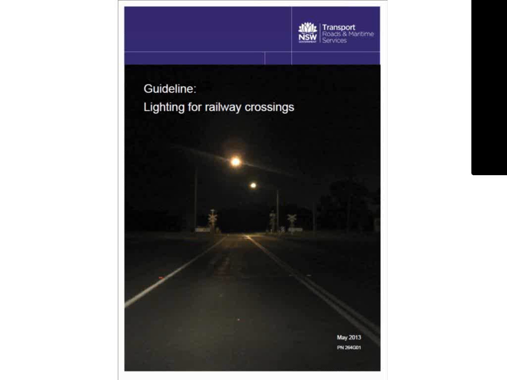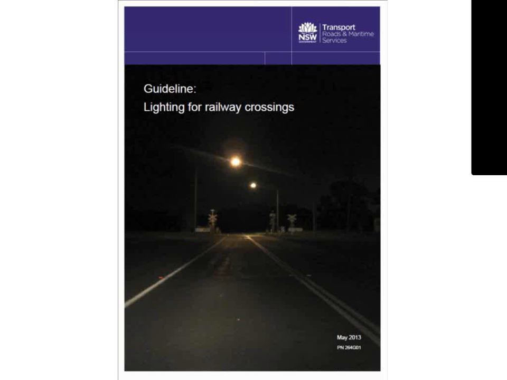And here in New South Wales, ARB assisted the RMS to develop this guideline, the guideline for lighting railway crossings. The input from our ARB research was taken on board, and RMS developed the guideline. The guideline was published in May 2013, and the aim is to give practitioners a standard tool to provide advice on how to go about implementing and designing lighting.